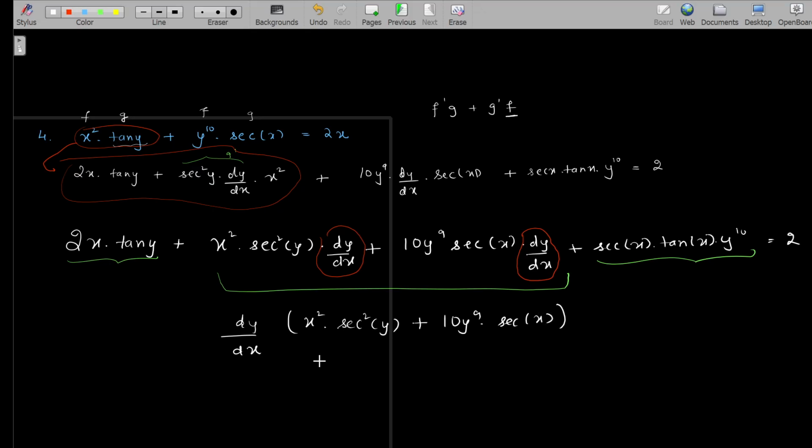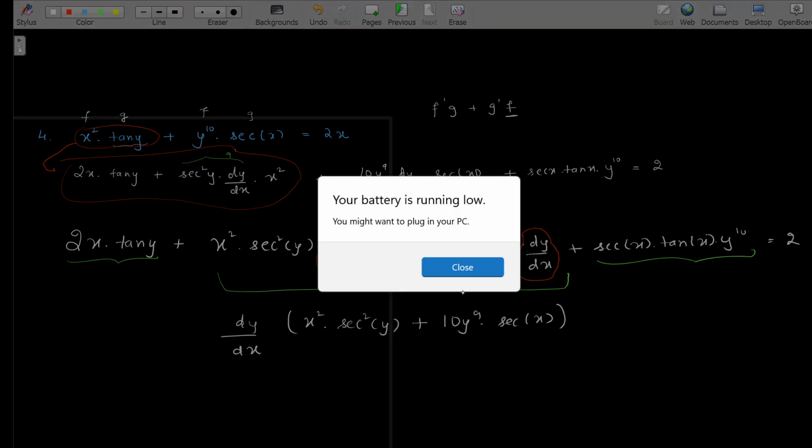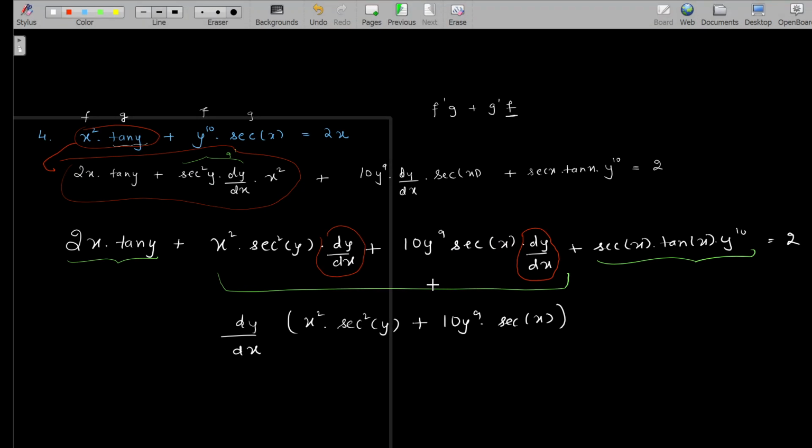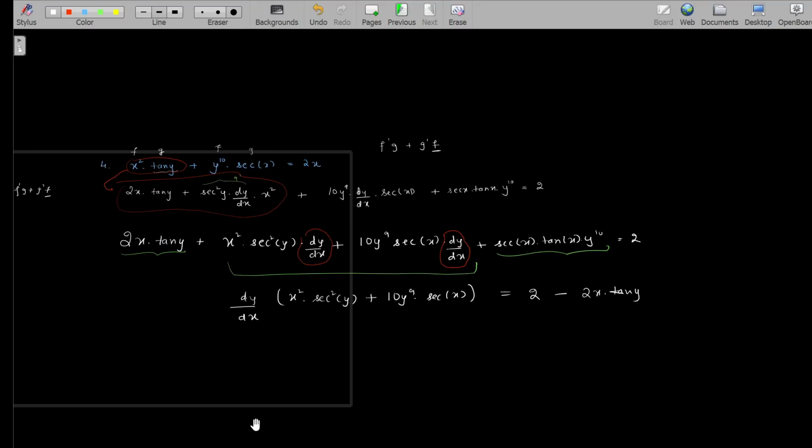And the rest everything, you bring on the other side. So on the other side you have 2 minus this term, minus this term, minus secant of x times tangent of x times y raised to 10.